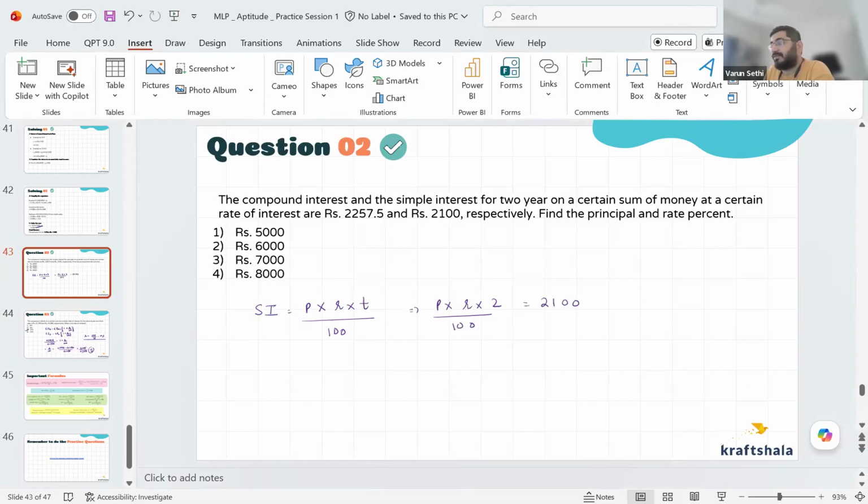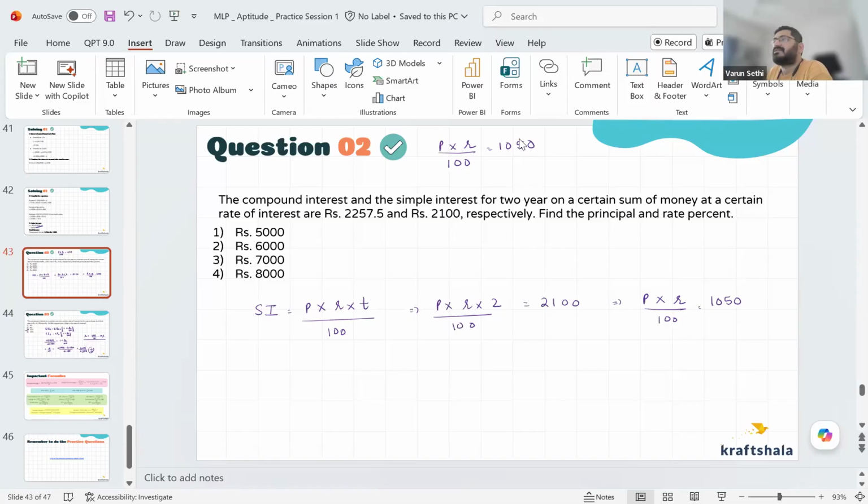That implies P into R upon 100 is equal to 1050. Is that clear? Everybody, this is clear, right? So I'm parking this here, that from the simple interest side, I'm clear that this is what it is.